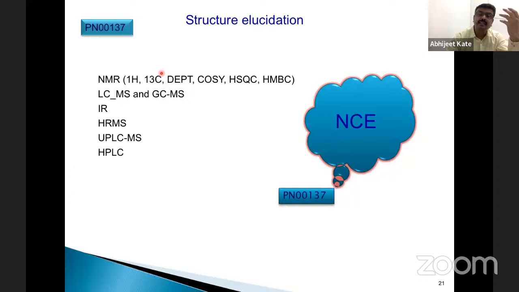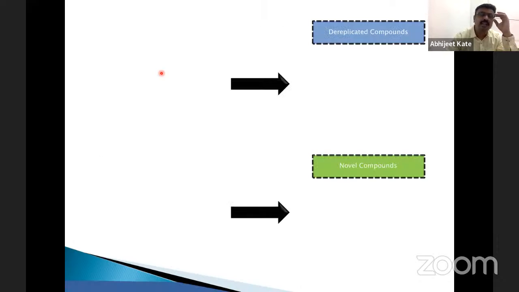There were several projects that we conducted in this area and found several NCEs. Earlier in the industry, we used to get 6 to 7 NCEs per year. We also conducted one DBT-sponsored mega project, where we screened thousands of extracts from microbes from different parts of India.